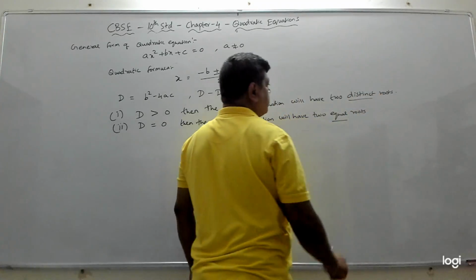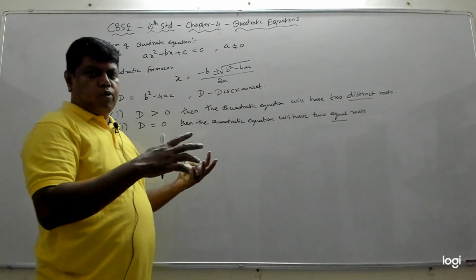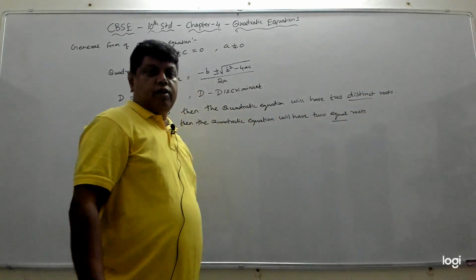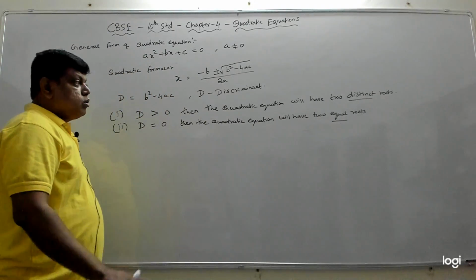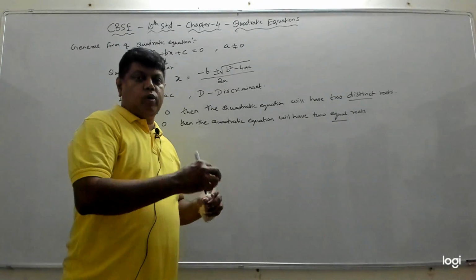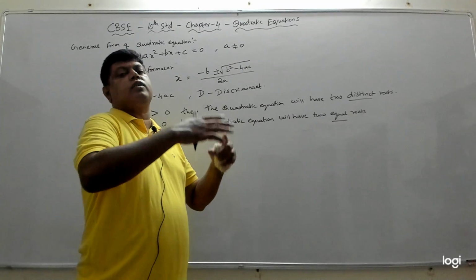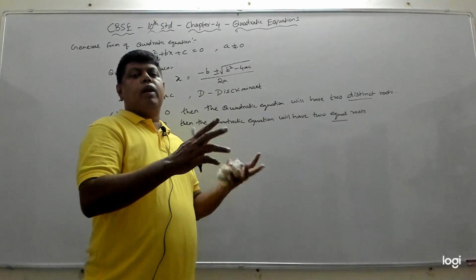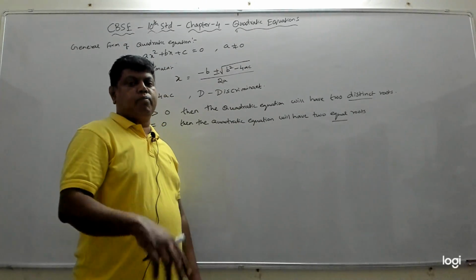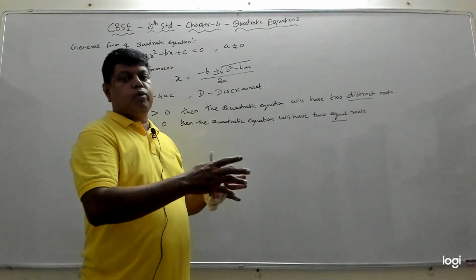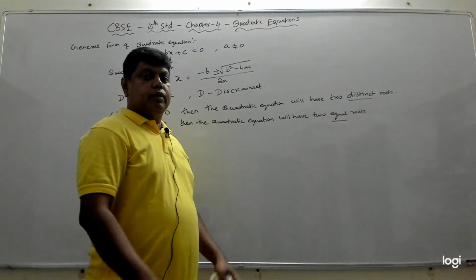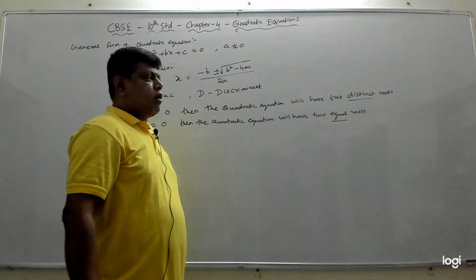Here distinct means different roots, but when D is 0, it will have two equal roots. Suppose you get the final answer as x is equal to 2 and x is equal to 2, so both roots are the same. Or you get x is equal to 1 by 2 and 1 by 2. Then there are two roots, but both are equal.